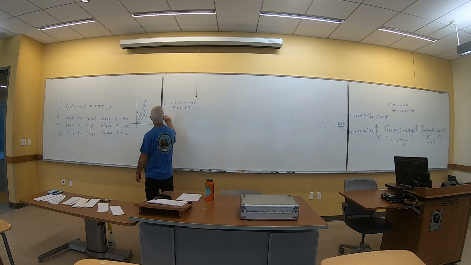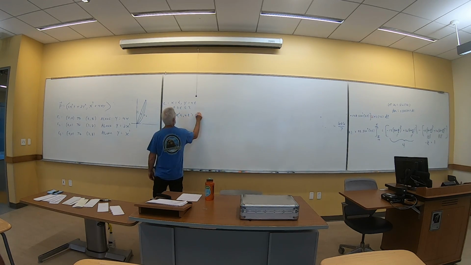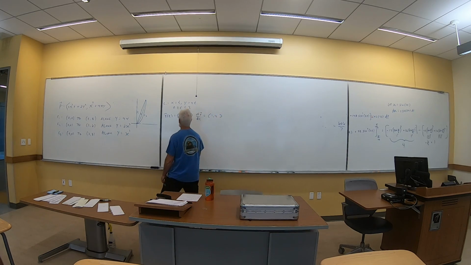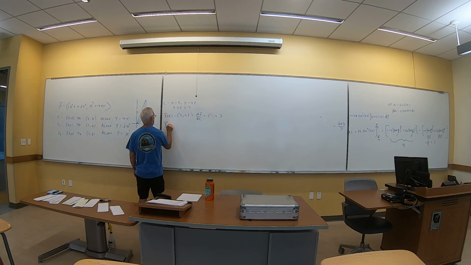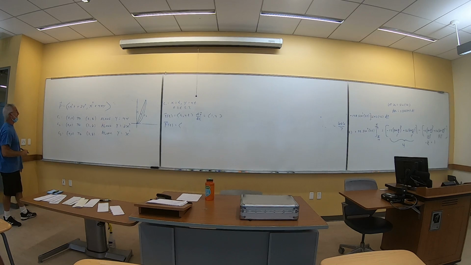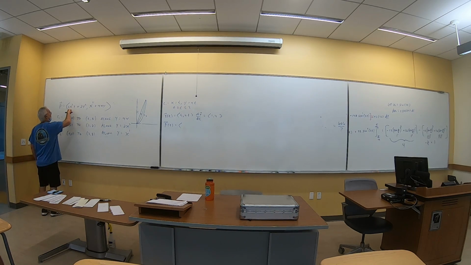All right, so my r of t is t, 4t. So my dr/dt is 1, 4. F of t, all right, so let's go over here. Don't be in a hurry, because we want to get this right. So x is t, y is 4t.